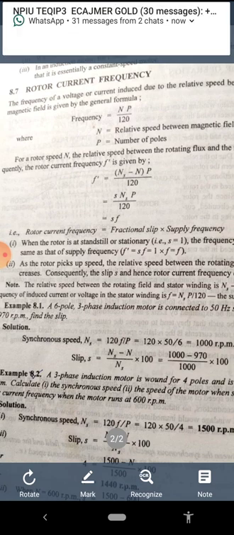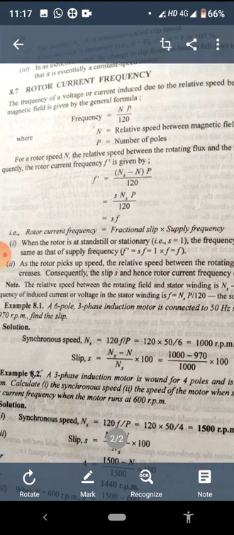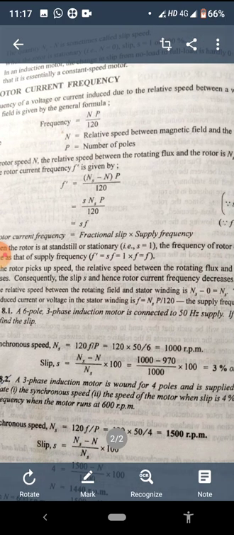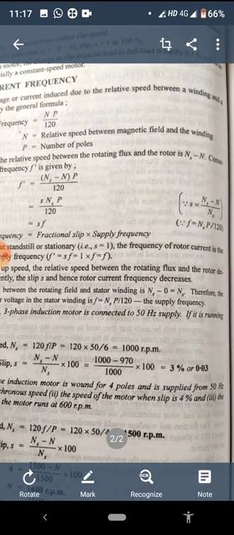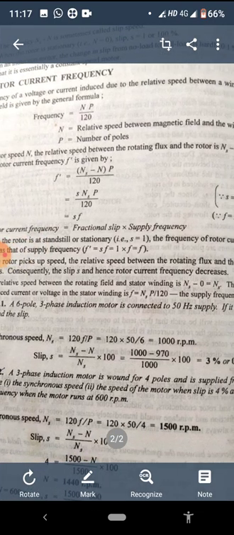From 120f/p, we know that frequency is equal to NP/120, where N is the speed of the magnetic field, P is the number of poles, and 120 is a constant. So what will be the frequency in terms of the relative speed? We have (Ns minus N) times P/120, which is the relative speed. The frequency depends on this, and is given by f dash.